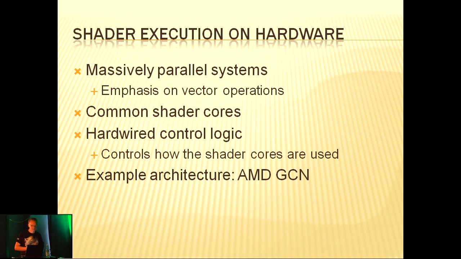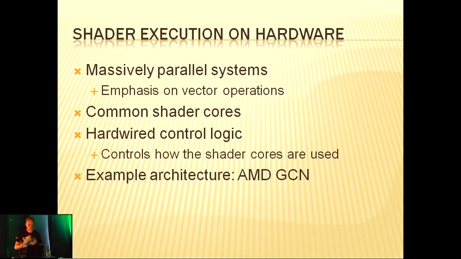Basically what it's all about is that these are massively parallel systems. You have a huge amount of cores on there, and it emphasizes vector operations, because vector operations are everywhere. You have positions, normals, colors, matrices, quaternions, all kinds of stuff that's defined in vectors.